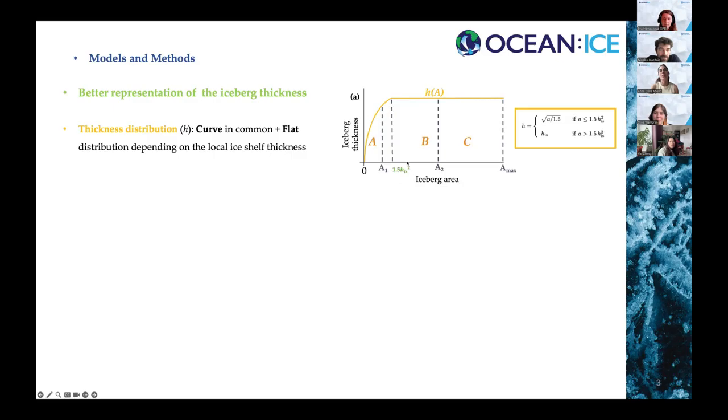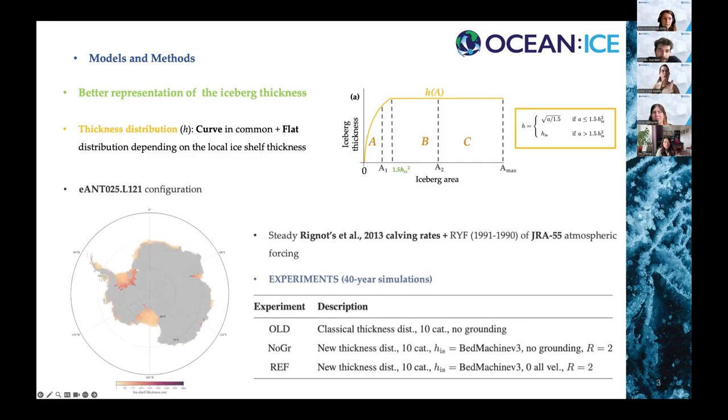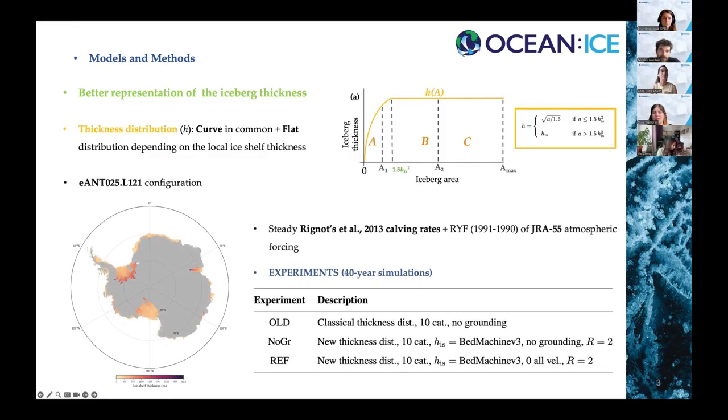And from a turning point that depends on the mean Antarctic ice shelf thickness, we establish a flat distribution that this time depends on each local ice shelf thickness. I will not give a lot of details on this, just believe me, it works.